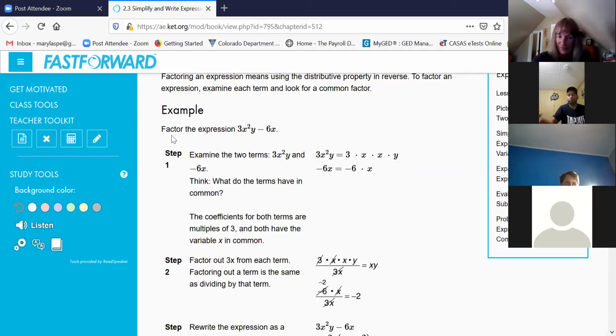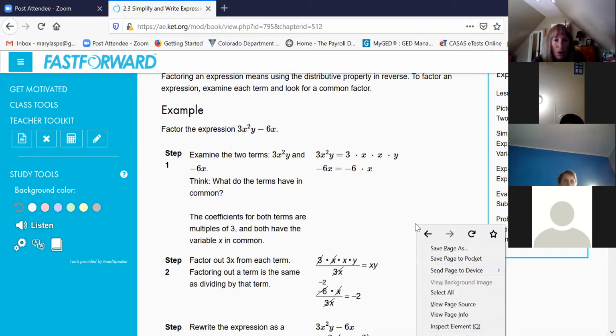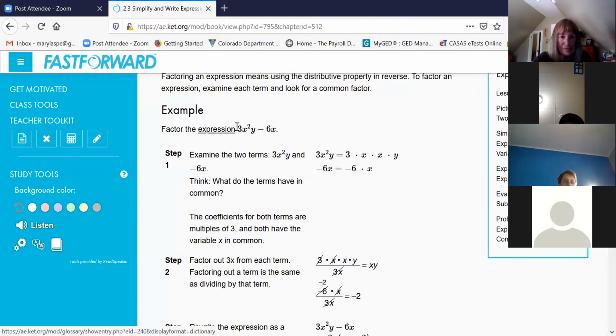The command here is to factor. So what we're going to do is look for some number that divides evenly into both of these terms. So we have a 3 and a 6. I know that 3 divides into both of those. The other thing is that both of these terms have x in it.